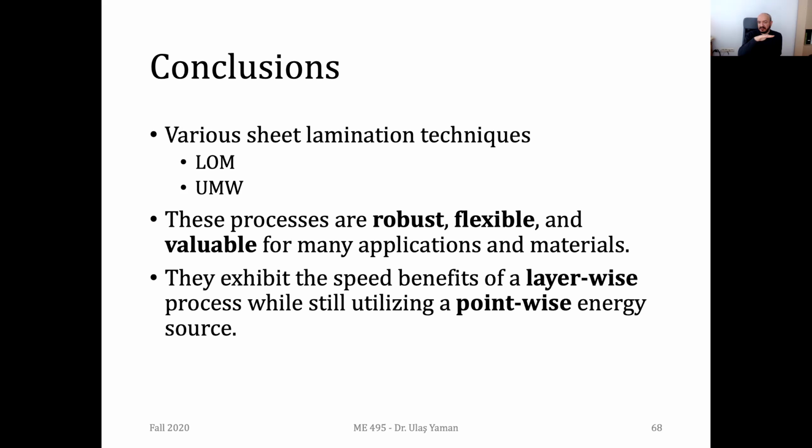It's a nice advantage since in a shorter time, you can deposit the whole layer. And we do it by using a point-wise energy source, right? If you think about the sonotrode, we are depositing the foils in a layer-wise manner, but the energy is deposited in a point-wise manner.